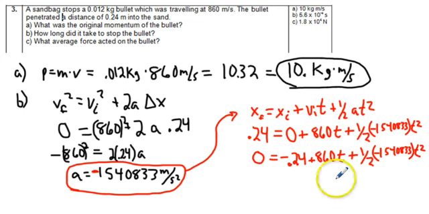A couple of ways you can handle that. One is you can use the quadratic equation. Two is you can graph it in your graphing calculator, and that is the option that I go with most of the time. I'm using my TI-83 that I keep at home. Some of you may be using a different calculator, which is fine.